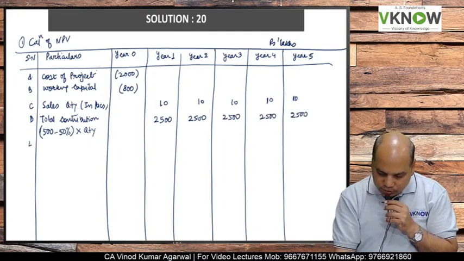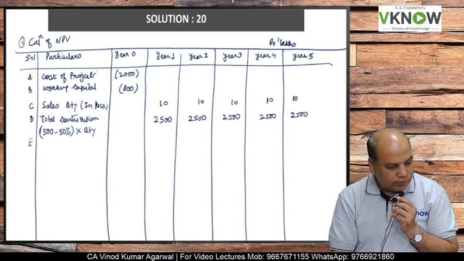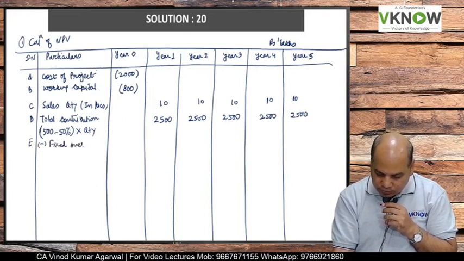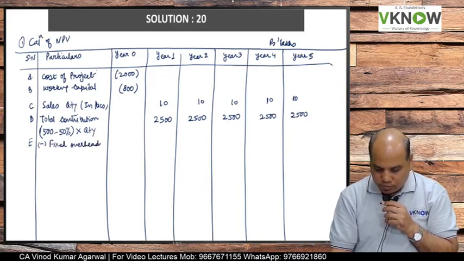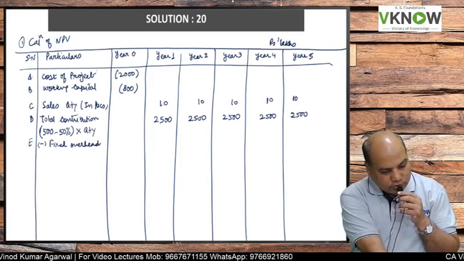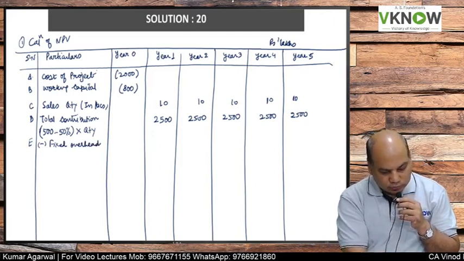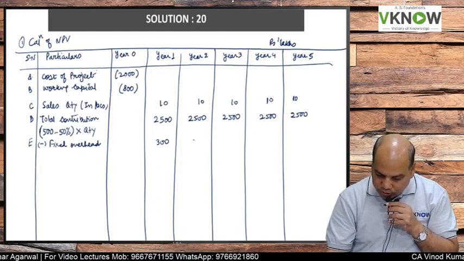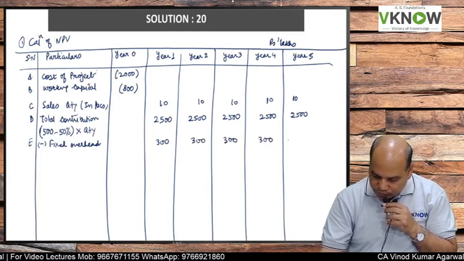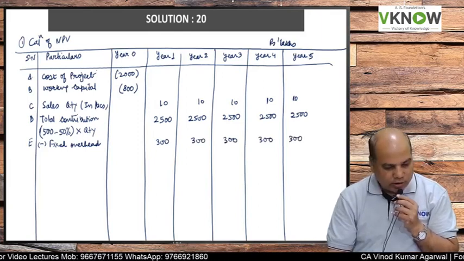Point number E. Do we have any fixed overhead also? Yes. Less fixed overhead. So fixed overhead will remain fixed only. That is how much? 300. 300, 300, 300, 300 and 300.